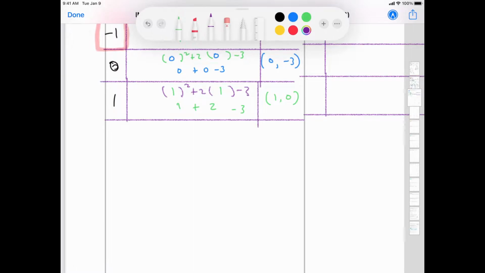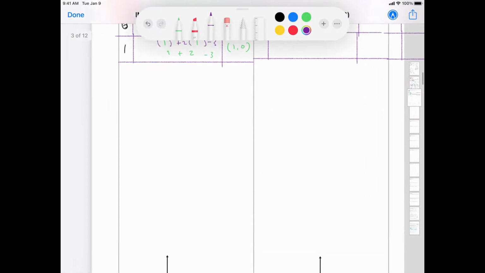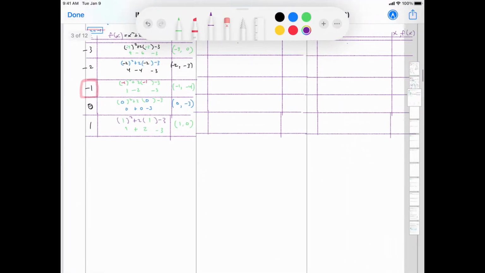Now let's graph this. I think we got a graph down here. It's a little bit too far, so I'm just going to do it here. And just do a couple of values here.